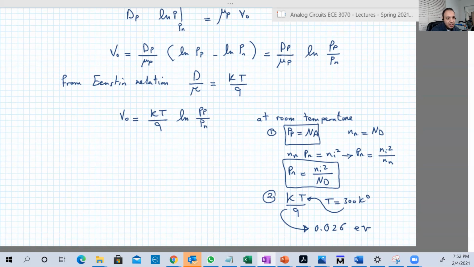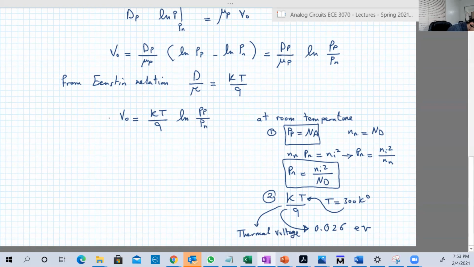They call it the thermal voltage. And they just say it's 26 millivolt or 0.026 volt.